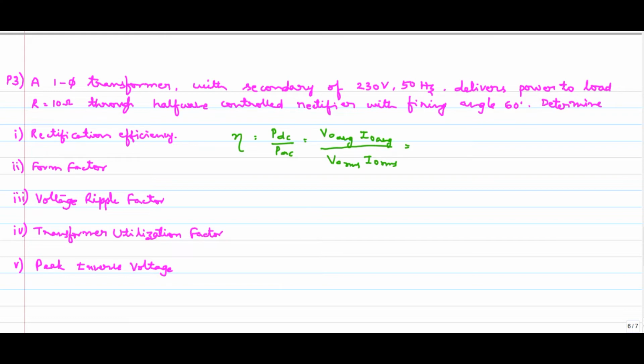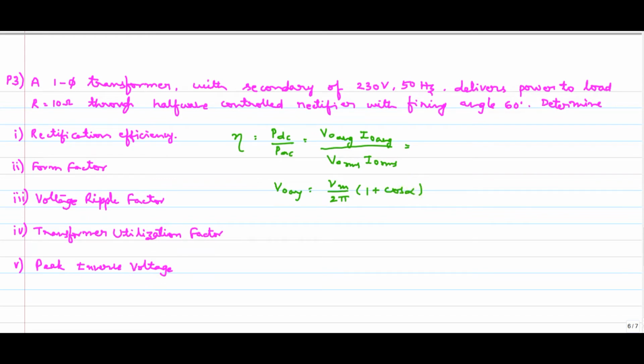Now let's do it slowly. V naught average we need to find out first. For a half-wave rectifier with a simple R load, the formula is Vm by 2 pi into 1 plus cos alpha.